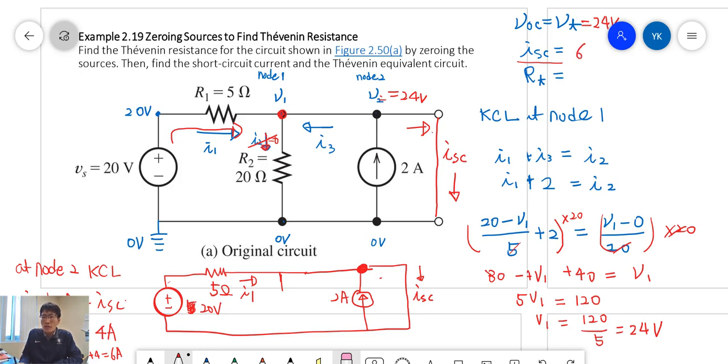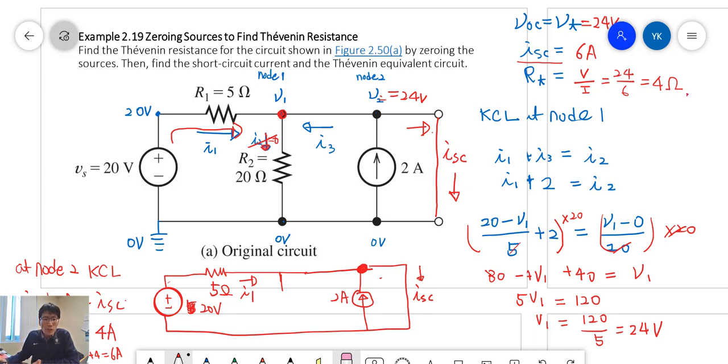Now we find that 6 amps is the short circuit current. Based on the two pieces of information, we can calculate RT, which means V over I, so 24 over 6, which is 4 ohms, the Thevenin equivalent resistance. Okay.